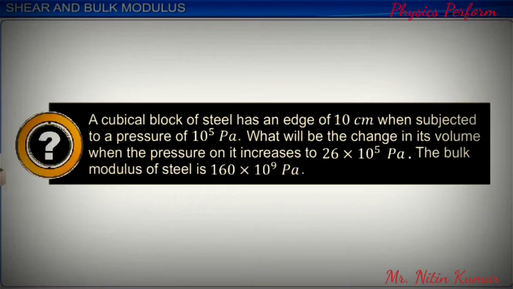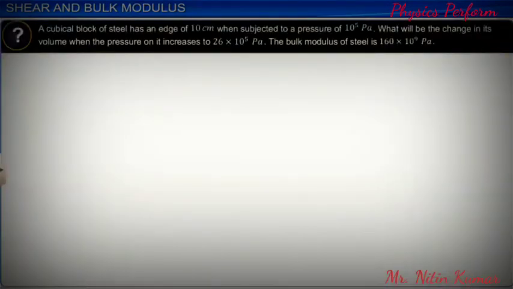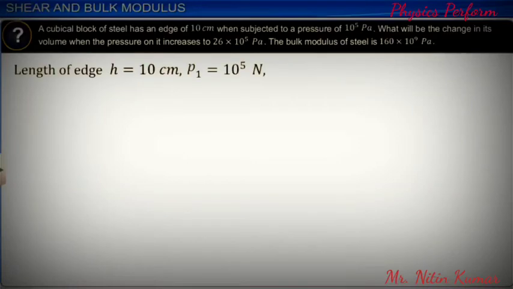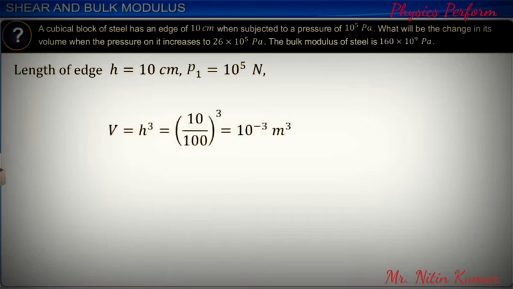The original volume of the cube is cube of the edge. Expressed in meters, the original volume is 10 to the power minus 3 meters cubed. The bulk stress, delta P, is equal to the change in pressure, and substituting the original and new pressures, delta P is 25 times 10 to the power 5 Pascal. Bulk modulus is the ratio of bulk stress to bulk strain.